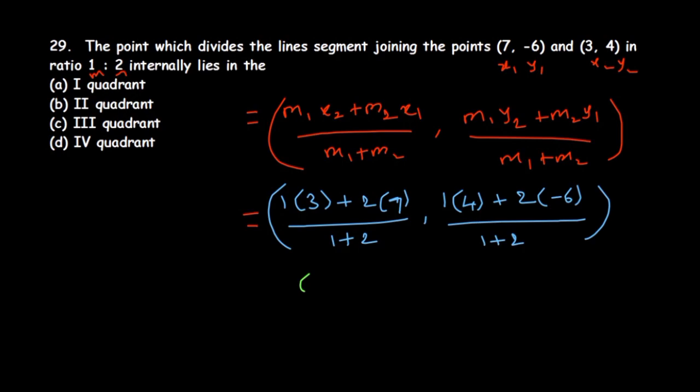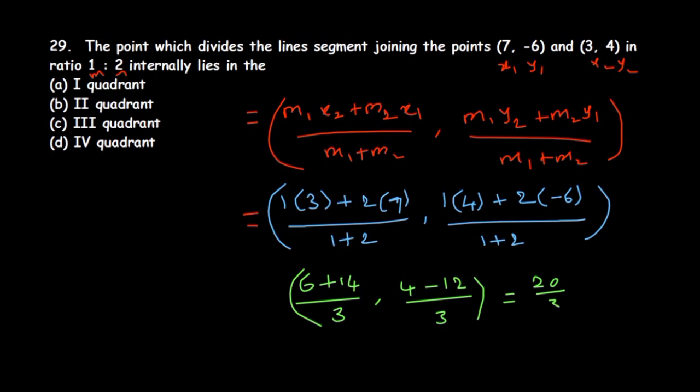This is equal to 1 3's are 3, so this is 3, and 2 7's are 14, by 3, and 4 1's are 4, minus 6 2's are 12, by 3. Okay, so here we get 4 plus 6, that is 20 by 3, and this is minus 8 by 3.